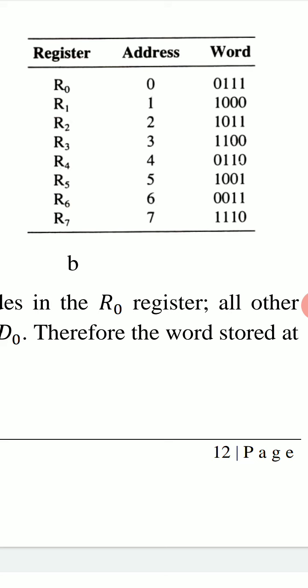In the third column we have the stored word. In the second column we have the address of the memory location 0, 1, 2, 3, 4 up to 7, and in the last column we have the binary words which are stored in these memory locations.